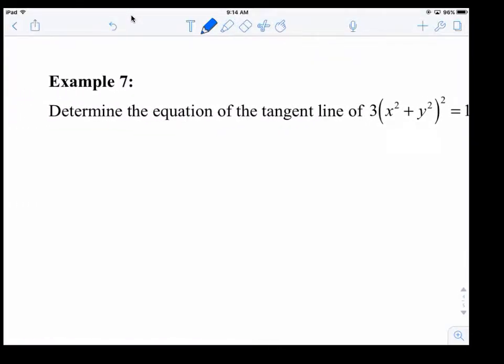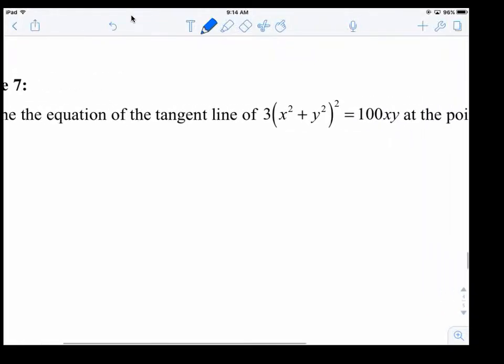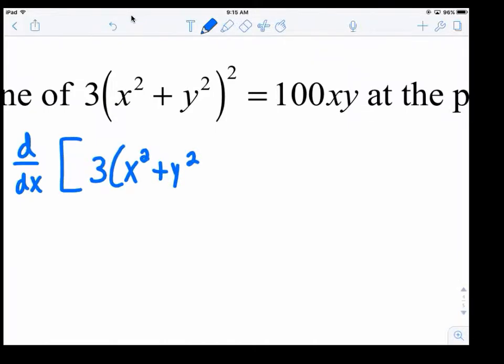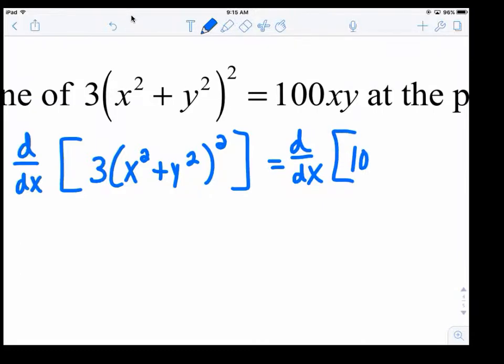All right, next one says determine the equation of your tangent line at the point 3, 1. So very nicely we have the point. Now all we need is the slope. All right, so I have d over dx. What rule am I going to use on the left side?